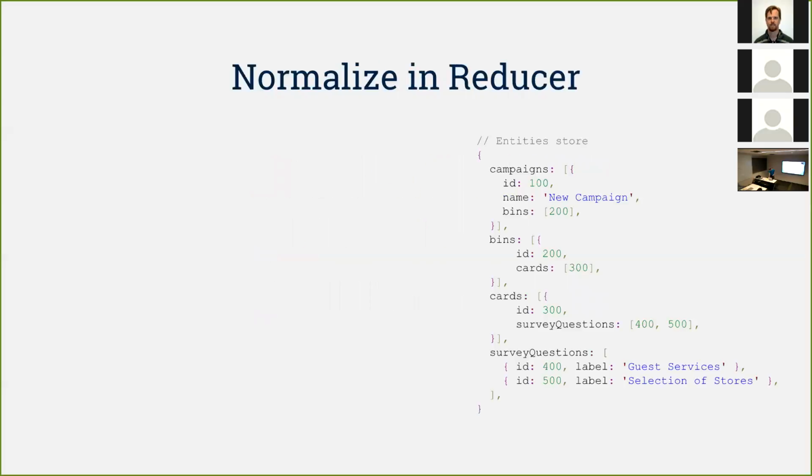So the strategy that we took when implementing Normalizr in our application was to normalize in the reducer. The animations are a little off here. So we have a single reducer which handles all responses from the server. So anytime our front-end application learns about new data from the API, it needs to run this single reducer. So we no longer need to have a cards reducer, a campaigns reducer, a bins reducer.